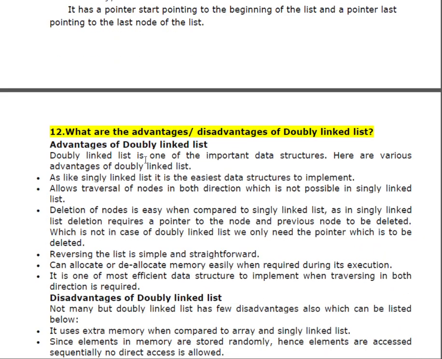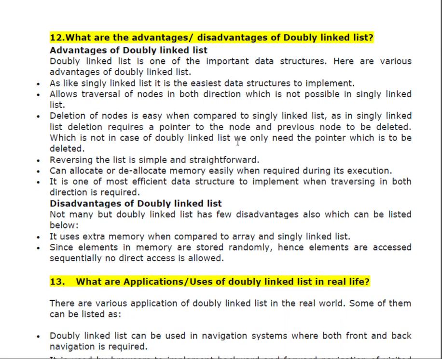So what are the advantages and disadvantages of doubly linked list? You can see there are so many advantages in doubly linked list because deletion can be easier. As in a single linked list, it is an easy data structure to implement and can allocate or deallocate memory easily.